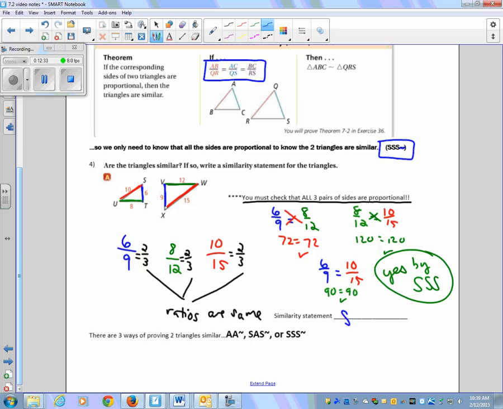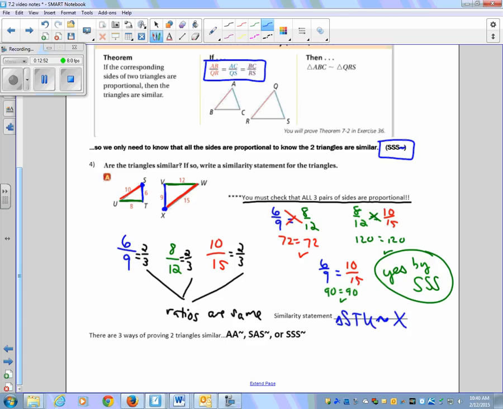Let's say STU is similar to, now what corresponds with S? S is between the red and the blue, so between red and blue would be X. If you don't want to think of red and blue, you think of between the longest and the shortest side.